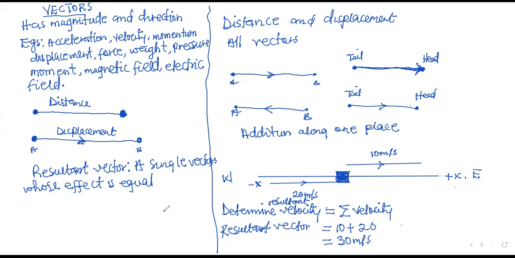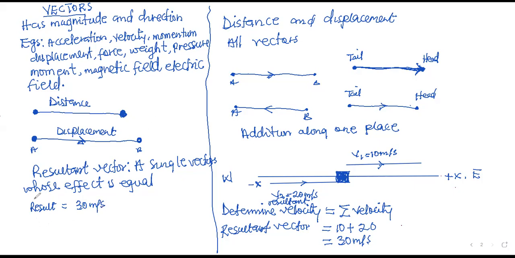individual or single vectors. Okay, so here you were given two velocities, v1 and another velocity v2. The individual vectors are v1 and then v2. And when we calculated, we saw that the resultant velocity is equal to 30 meters per second.